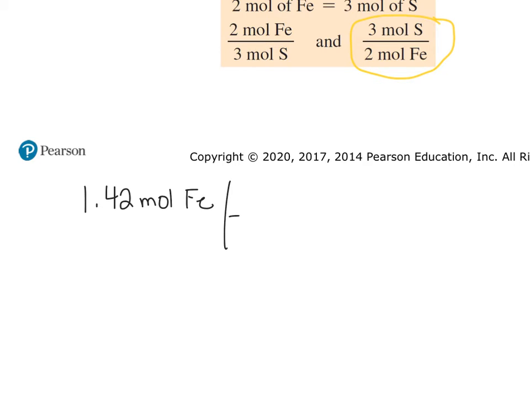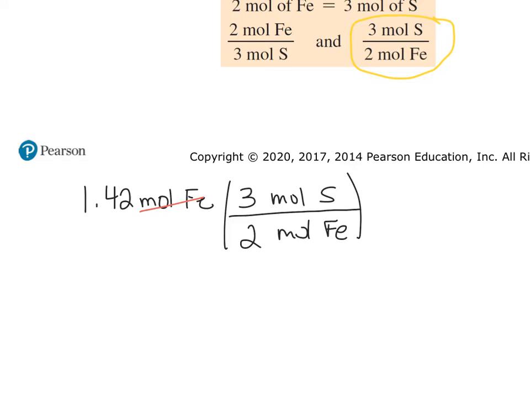And then we're going to put our mole factor. We're going to put our unknown on top. So that is sulfur, moles of sulfur on top, moles of iron on the bottom. The 3 moles of sulfur is the coefficient for sulfur, and 2 moles of iron is the coefficient for iron.